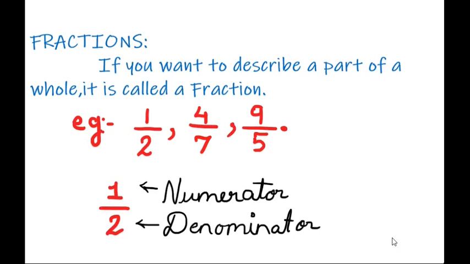For example, suppose this is a pizza. You like pizza, isn't it? So we'll take an example of pizza. Suppose you brought this pizza home. It has 4 parts like this. 1, 2. So total 4 parts it has.